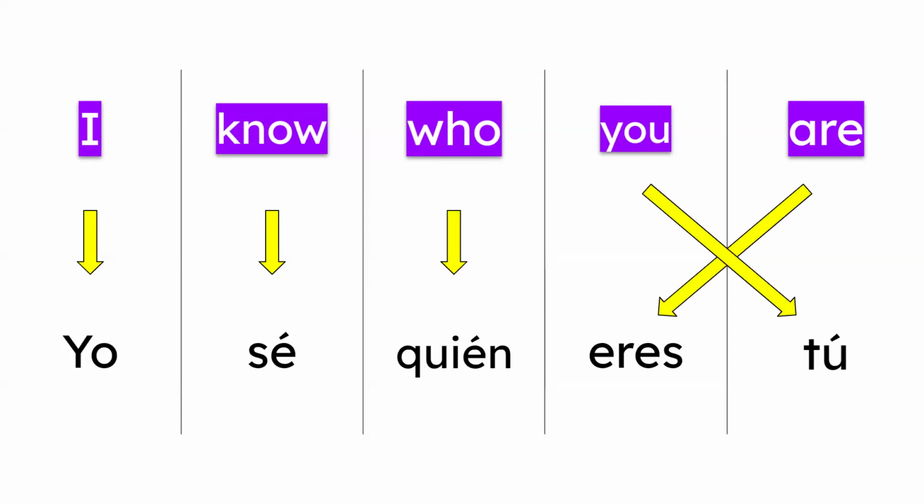That's why in English you change the positions from who are you to who you are. But in Spanish we don't do that and we keep the same position for a question. That's why in Spanish we say in a question, ¿Quién eres tú? Who are you? ¿Quién eres tú? But also when this question is inside a positive statement, we still keep the structure. Yo sé quién eres tú. That's the difference, and that's why we are inverting positions in Spanish.